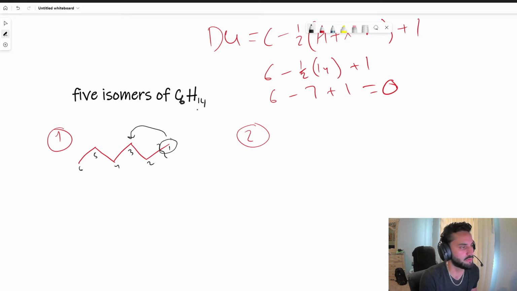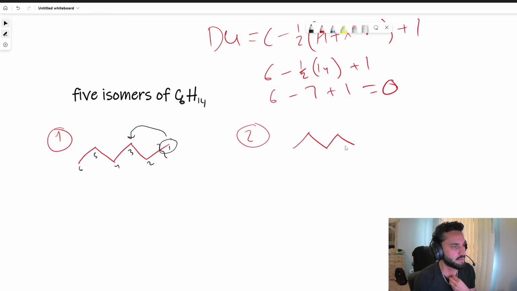So let me just draw that. 1, 2, 3, 4. We initially had 6, 5. Now we're going to have a 5-link chain, and this carbon initially was 2.